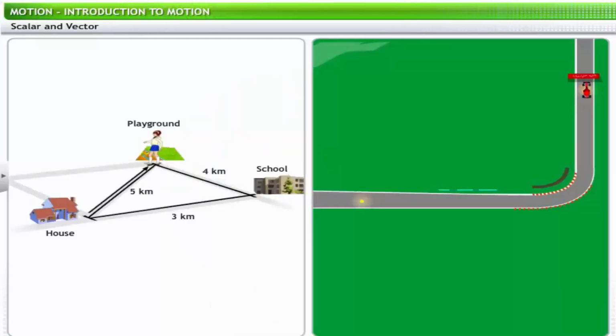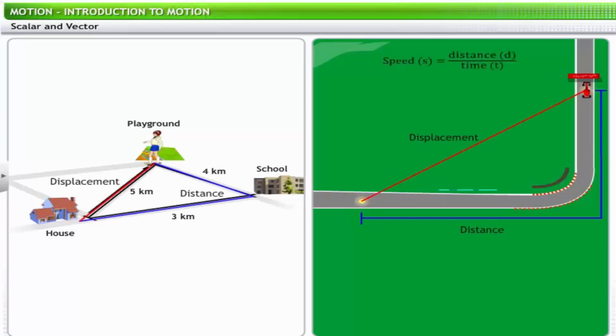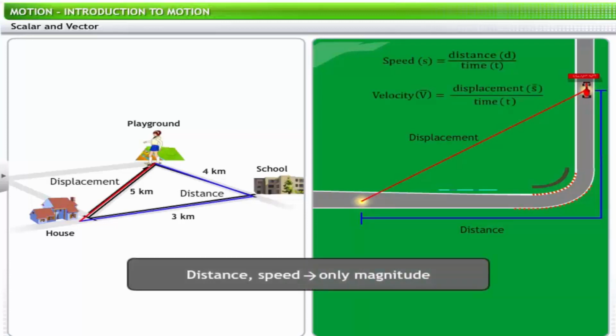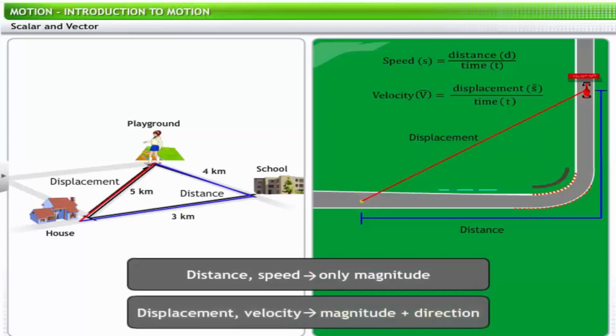So far, we have reviewed some related measures of motion, that is, distance and displacement, and speed and velocity. Among these measures, distance and speed have only magnitude, whereas displacement and velocity have magnitude as well as direction.